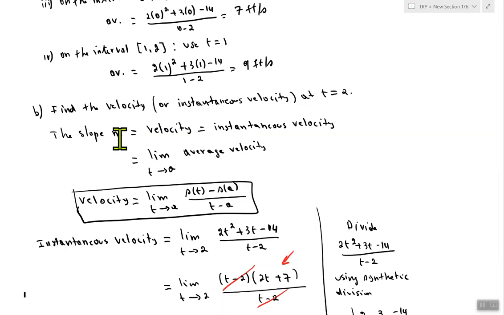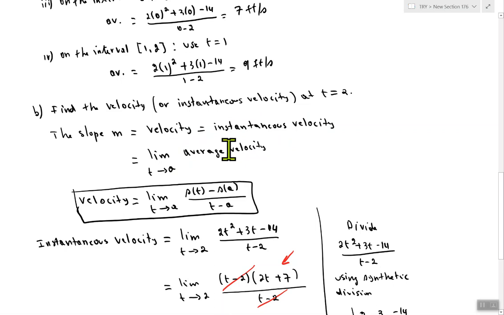That's the connection: slope of the tangent line equals the velocity in velocity problems. So we do the same thing to find the slope m, which is the instantaneous velocity.